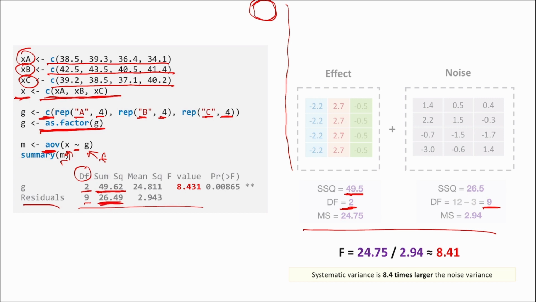This is 26.5, and we also got 26.5. Mean squares variance, 24.8 here, we got 24.8 if we round it to one decimal. 2.95, 2.94. This is the F value, again very similar to the one that we have, a little bit larger. And this is the P value, which is also quite similar.